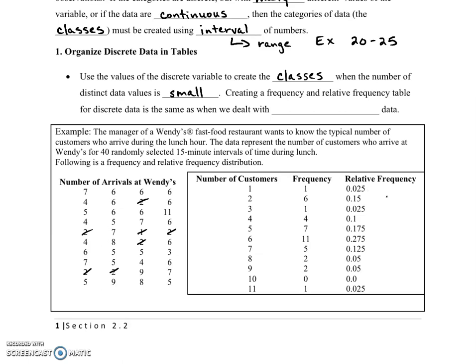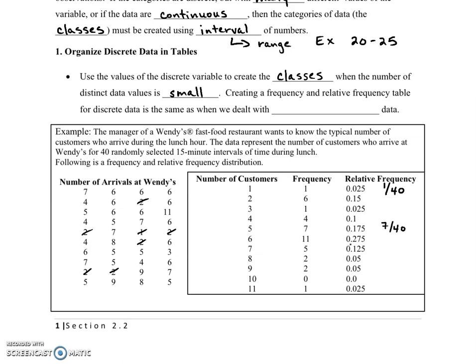The relative frequencies, remember, we get by doing the frequency of the class divided by the total number of observations. So 0.025 is 1 over 40, and etc., etc. So like if we look at the class 5 customers, its frequency was 7, so that's 7 over 40.